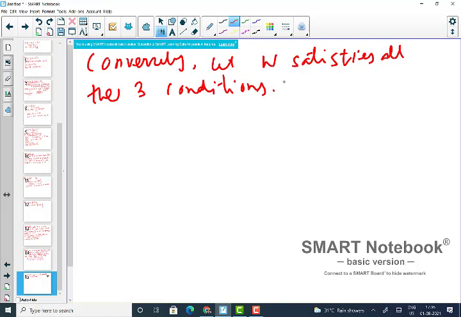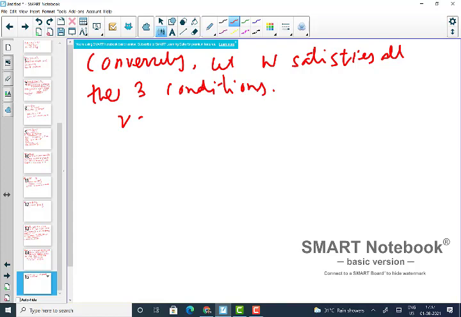What do I need to prove? We need to prove that W satisfies all the properties of a vector space, and that is obvious again. To show something is an abelian group, what extra do you need? You require inverses, right? Your inverses are nothing but the negative element. Whenever you have a vector v, the negative of v should also be there.